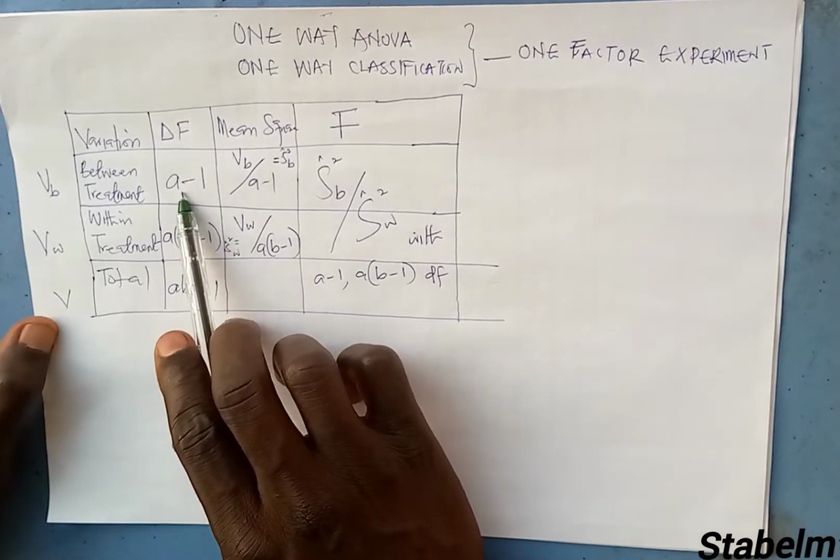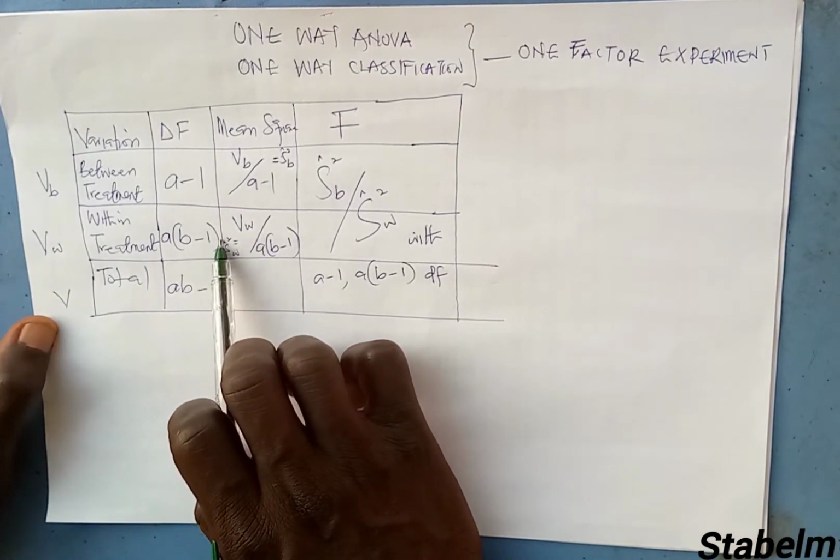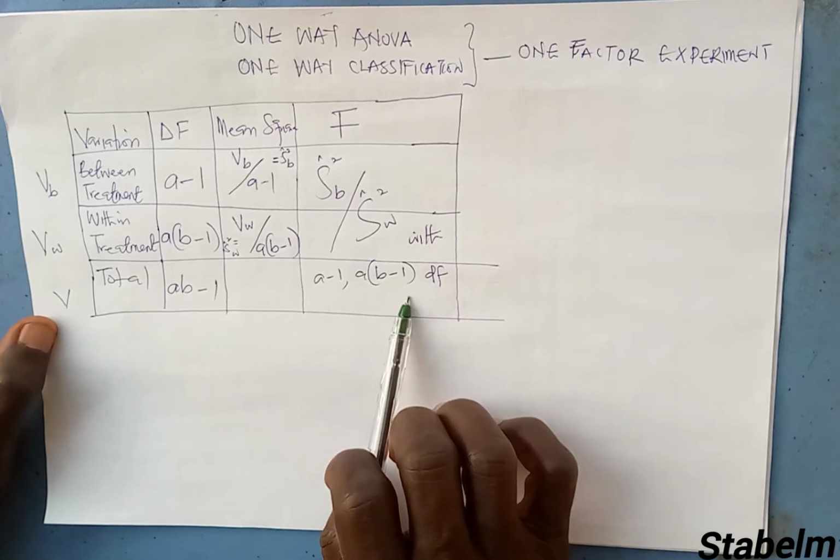That is, this a minus 1 and a into b minus 1 degrees of freedom.